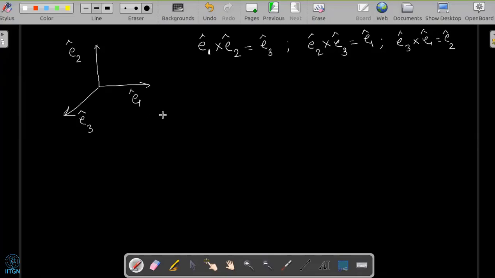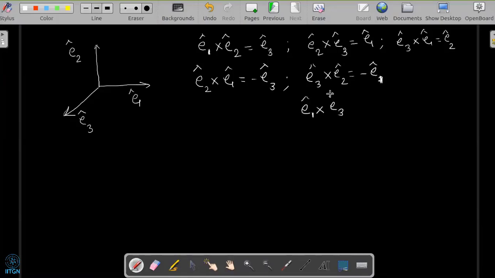Fine. Now, if we change the order, then the result will be with a negative sign. e3 cross e2 is equal to minus e1, and e1 cross e3 is minus e2.